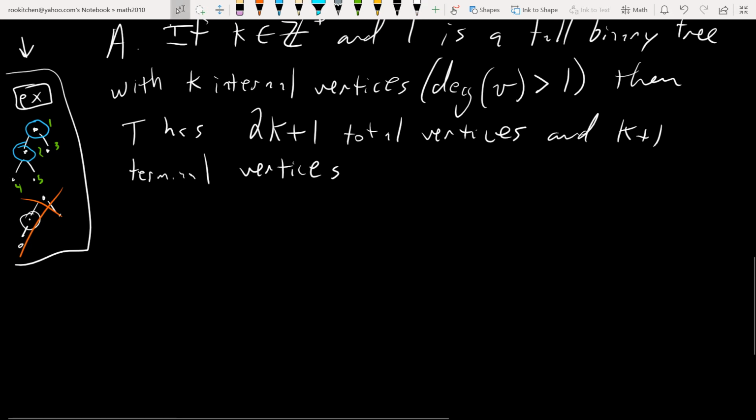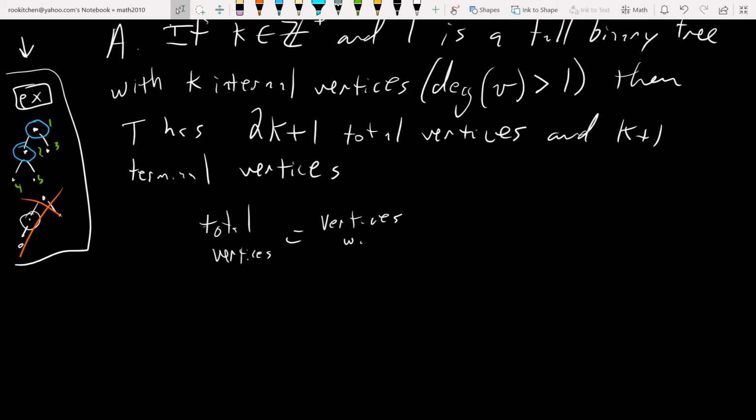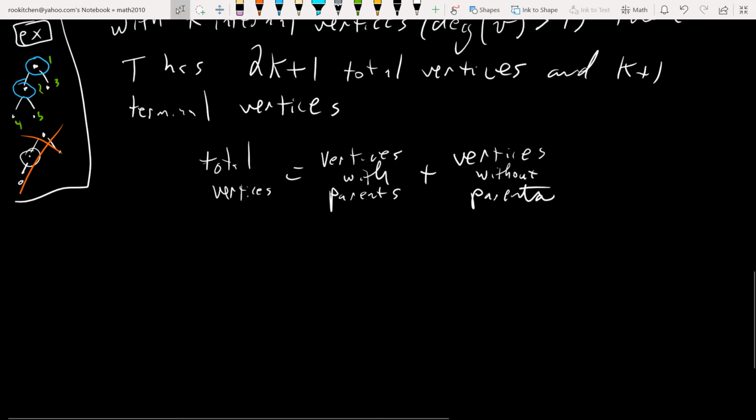The book will go and try to convince you of this and kind of play around with it a little bit. Say we know the total number of vertices will equal the number of vertices with parents plus the number of vertices that don't have parents. So the number of vertices with parents will just be 2 times the number of parents.